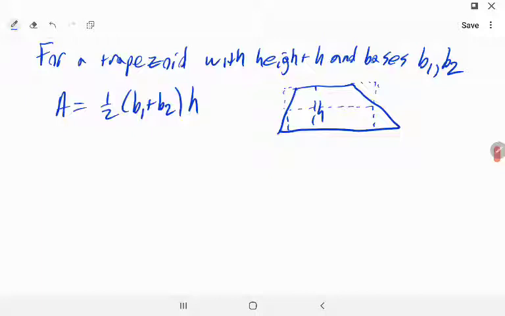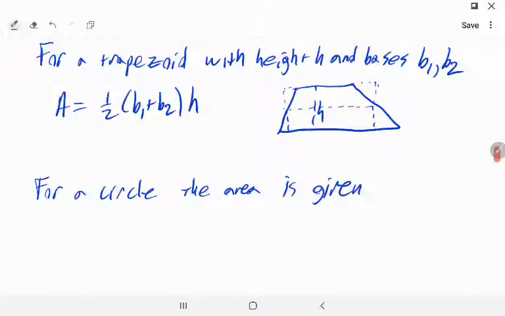Then for a circle, the area is given by A equals pi times the radius squared.